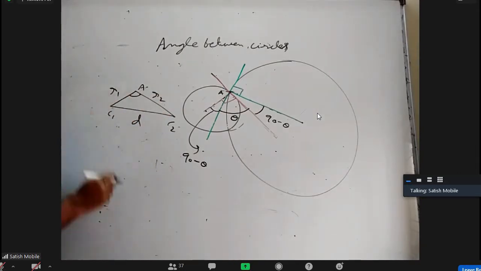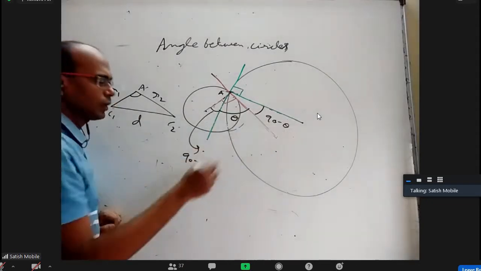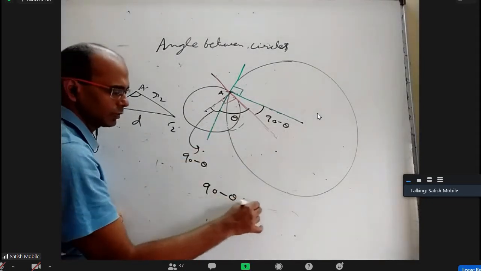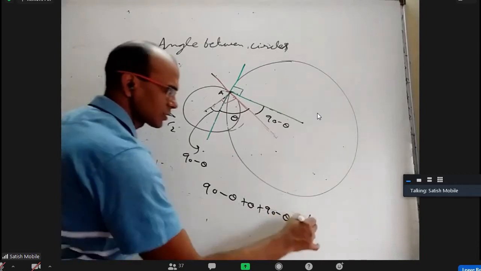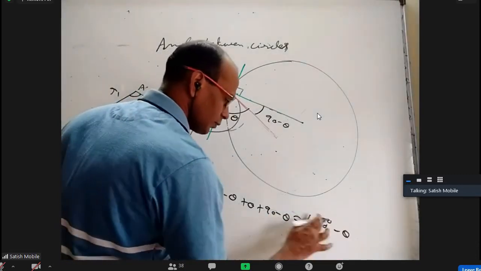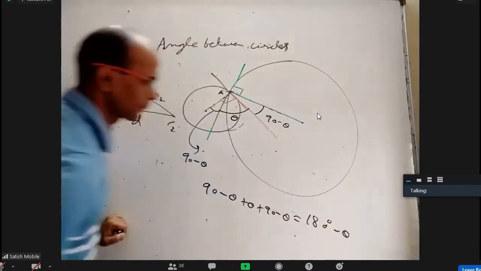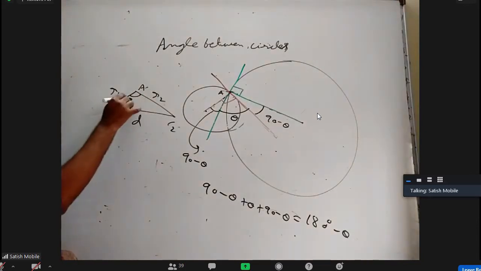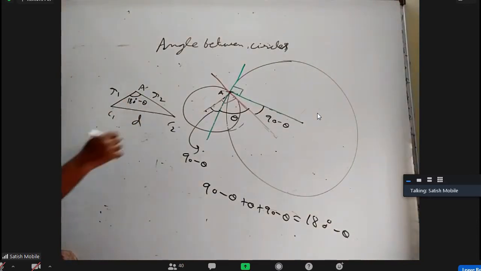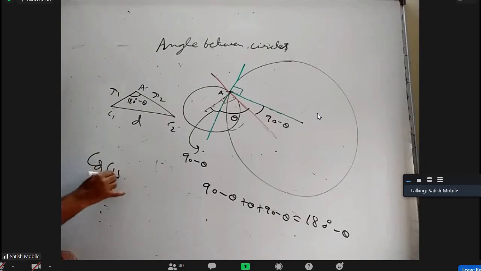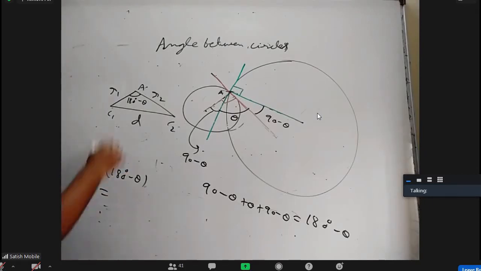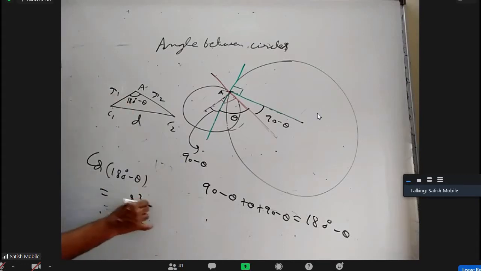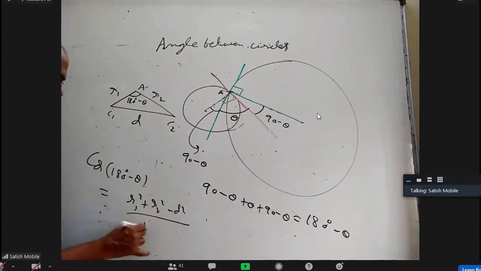What is this total angle coming? 90 minus theta plus theta plus 90 minus theta is 180 minus theta. Now if you take this 180 minus theta and apply cosine rule, you will get cos 180 minus theta is R1 square plus R2 square minus D square by 2 R1 R2.